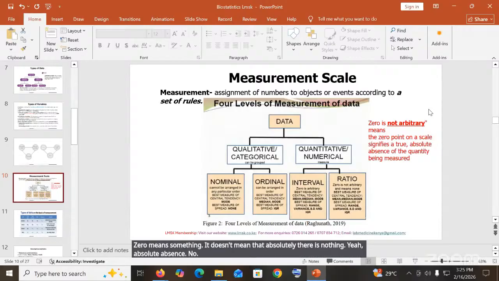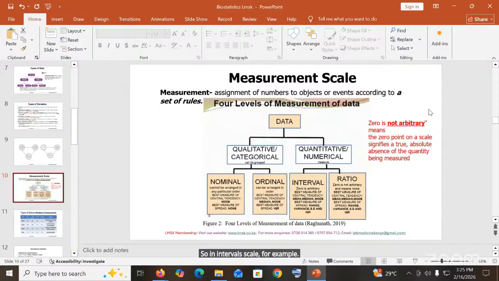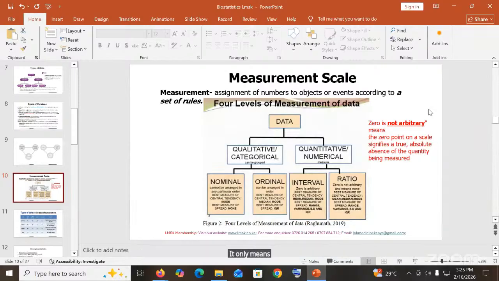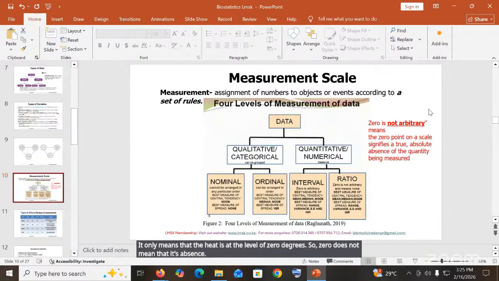The commonest example is temperature. When you say 0 degrees Celsius, it doesn't mean we completely have no heat. It only means that the heat is at the level of 0 degrees. So 0 does not mean absence of the quantity being measured.